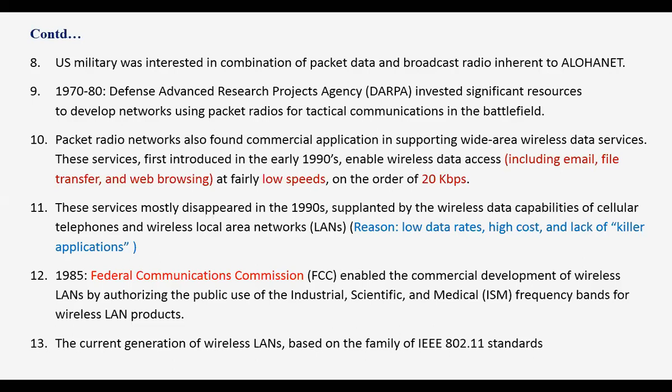So even though there is a wide frequency spectrum that you can use, within a specific country or within a specific zone you should have some license. There is some agency that controls the specific band of frequencies.